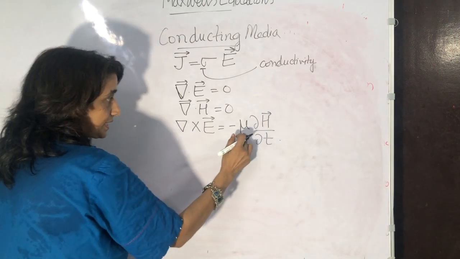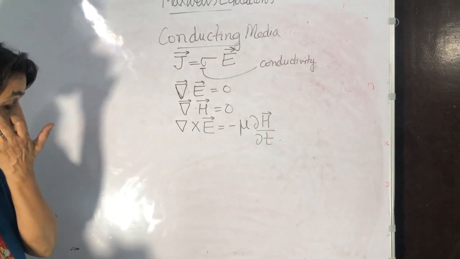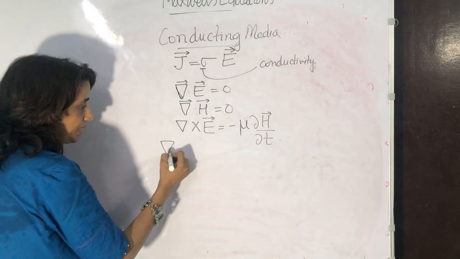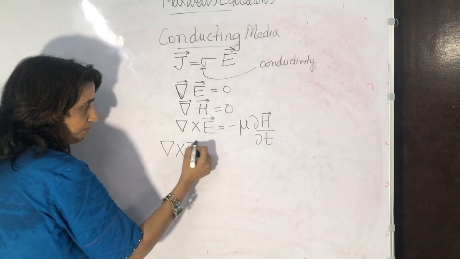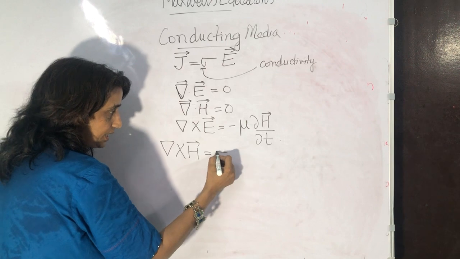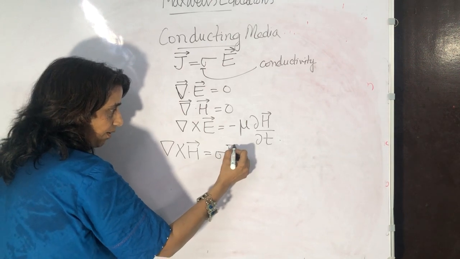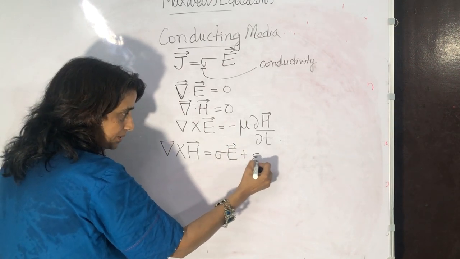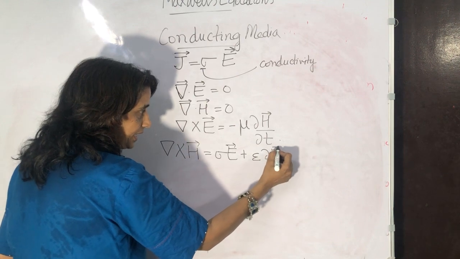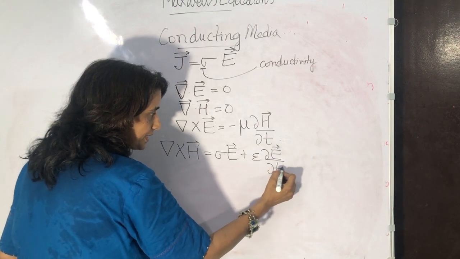It is going to include the terms of conduction, and your Ampere's law will have a major change in conducting media: sigma E plus epsilon del E by del t.